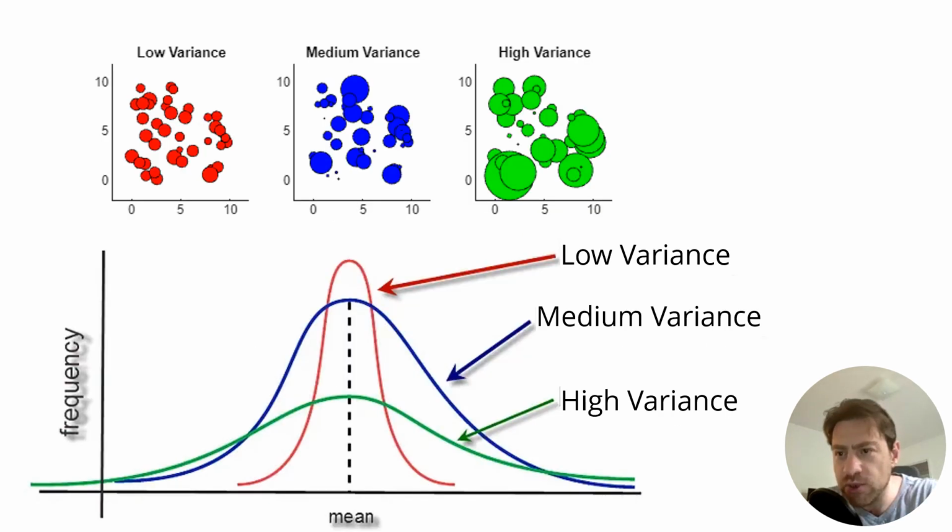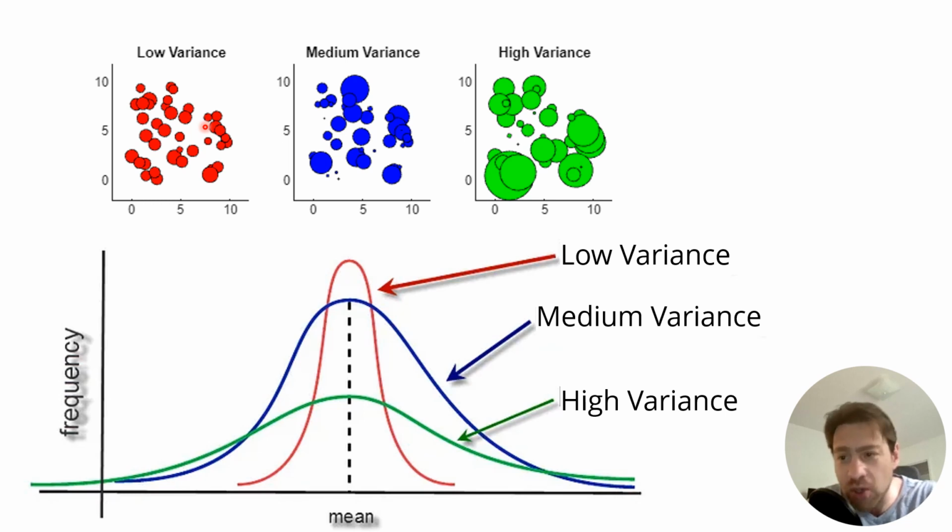So let's illustrate this concept visually. Here I've created 3 populations of dots that vary in size. On the left is a population of dots with low variance. And you can see visually that the sizes of these dots are very similar.